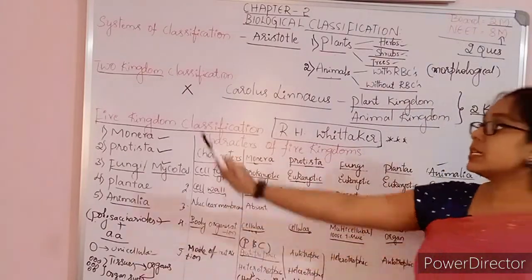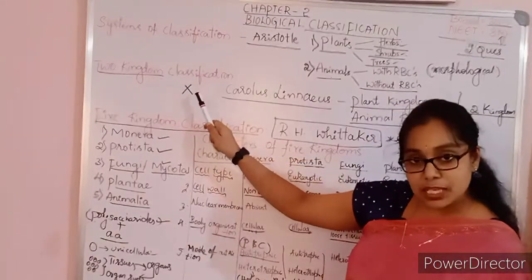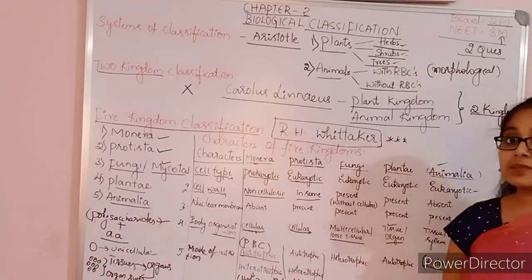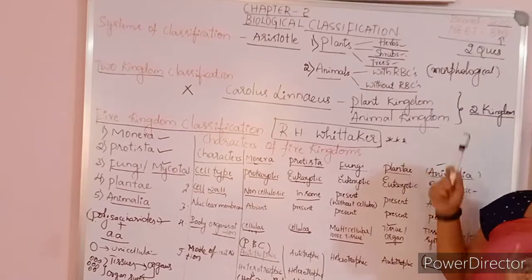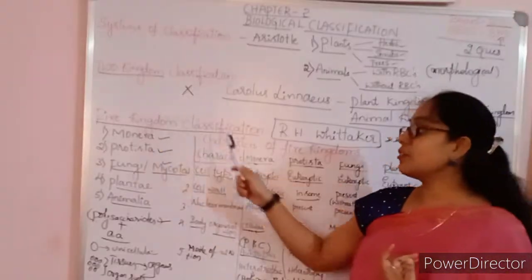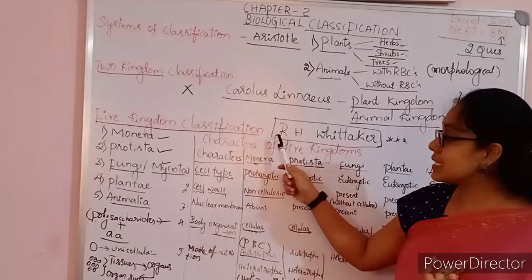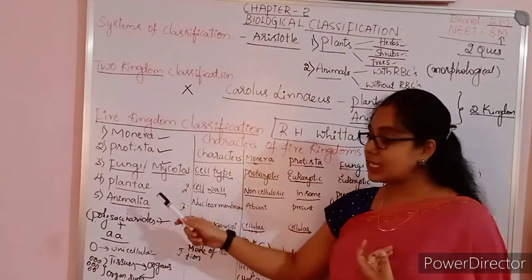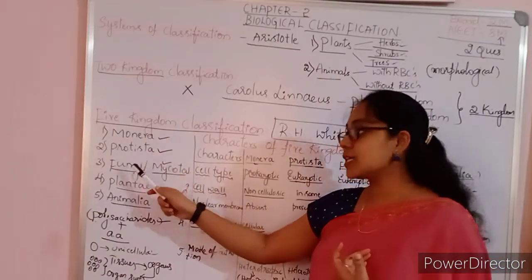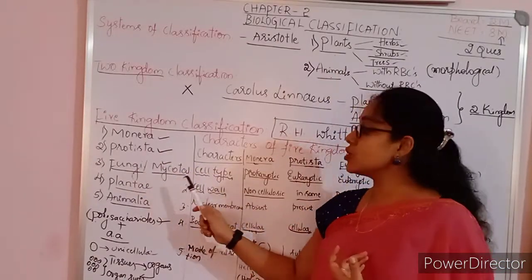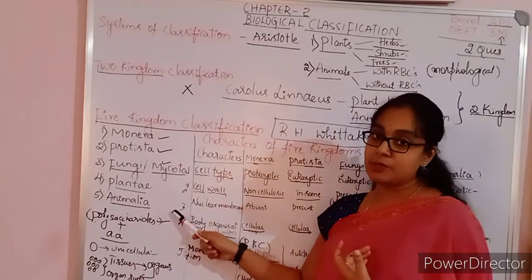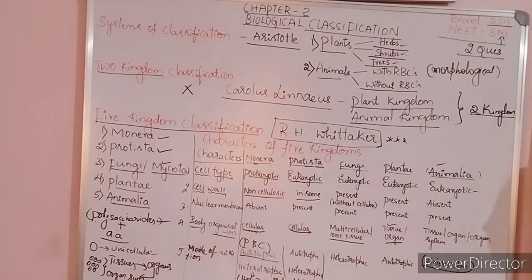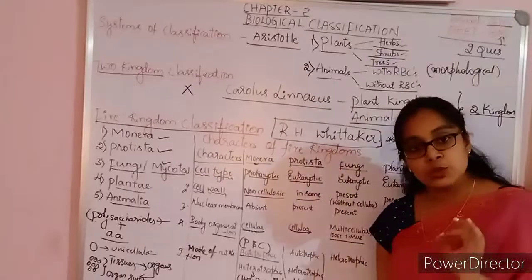Please never forget that the two kingdom system of classification was given by Carolus Linnaeus. Which are those kingdoms? Plant kingdom and animal kingdom. The five kingdom system of classification was given by R.H. Whittaker. Which are those kingdoms? Kingdom Monera, Protista, kingdom Fungi or Mycota, Plantae and Animalia. Got it? And you have to remember this table, which is very easy and tricky to remember.